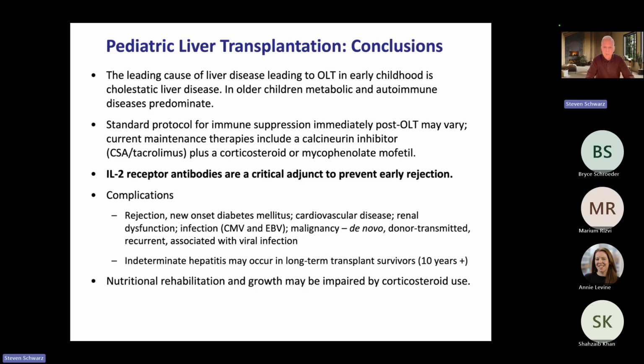Current maintenance therapies include a calcineurin inhibitor, most commonly tacrolimus, plus a corticosteroid and MMF. IL-2 receptor antibodies are critical adjunct agents to prevent early rejection and are generally used in the immediate post-transplant period.